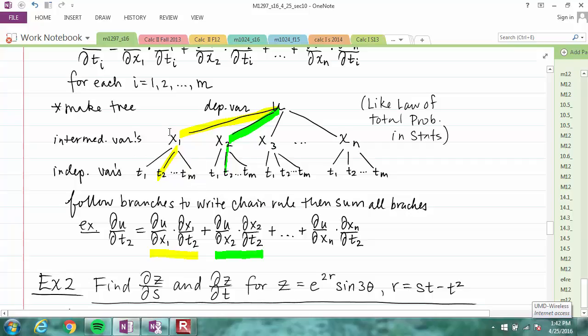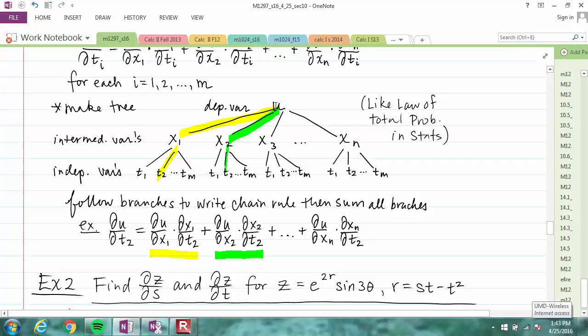So here's the general tree. Yours will be more specific than this, but the general idea is if we want to find the partial derivative of u with respect to, let's say, t sub 2, but it could be t sub 1 or some other t, then you just follow the path down and you're going to take derivatives along each path, defined by where you start and finish.